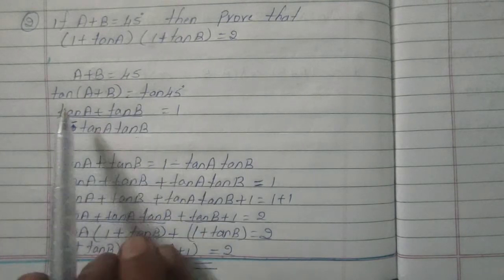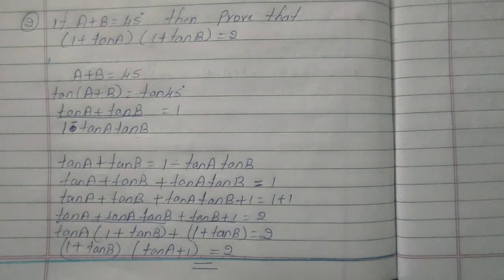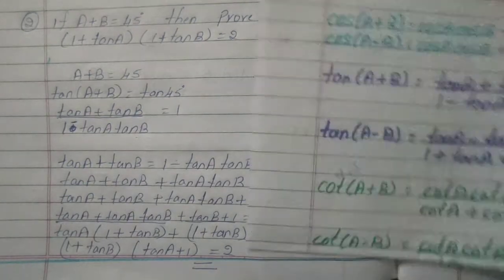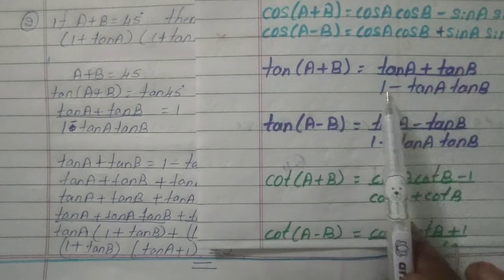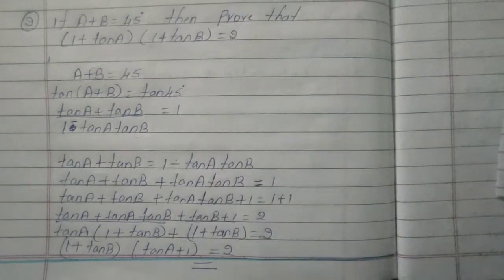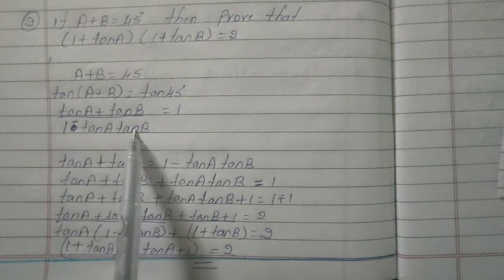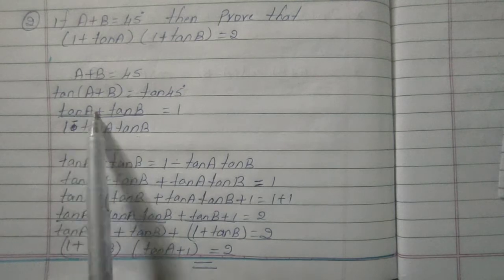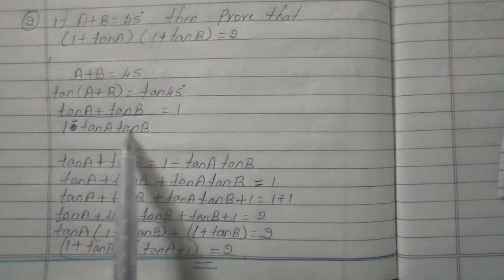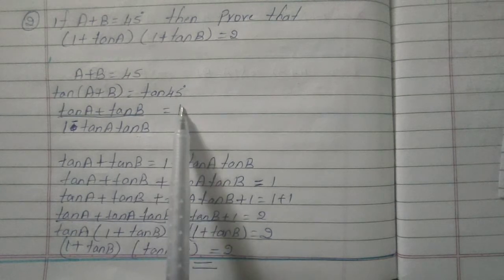So tan(A plus B) formula, remember the formula: tan(A plus B) is nothing but tan A plus tan B by 1 minus tan A tan B. That I am writing here. Tan 45 value is 1. Next, tan A plus tan B as it is, this denominator I am transposing to the right hand side. It is multiplied with 1.